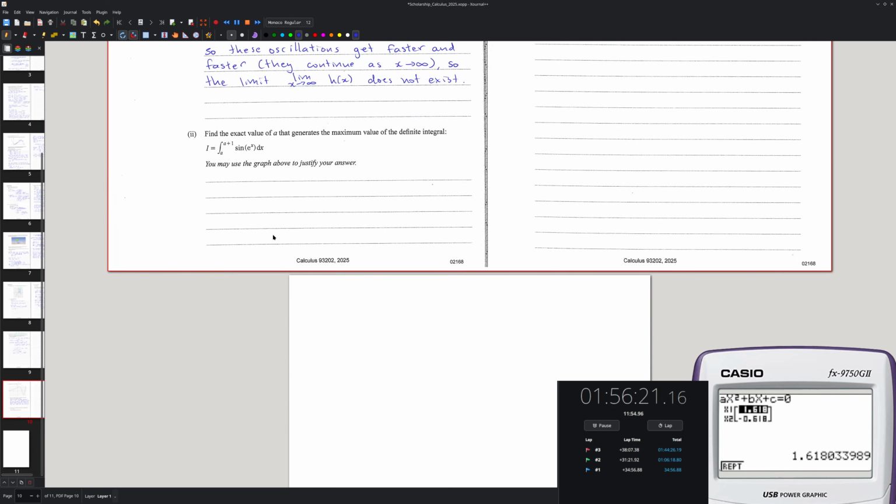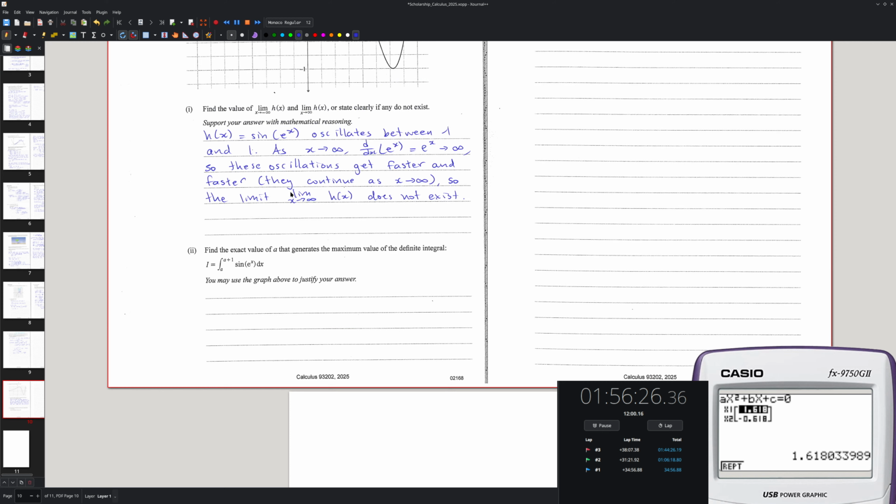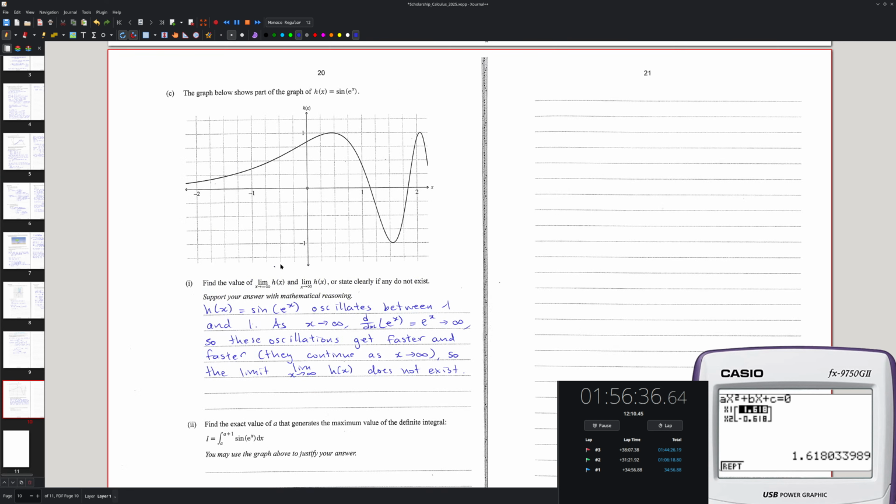Alright, find the exact value of a that generates the maximum value of the definite integral. Nah, I'm cooked, bro.